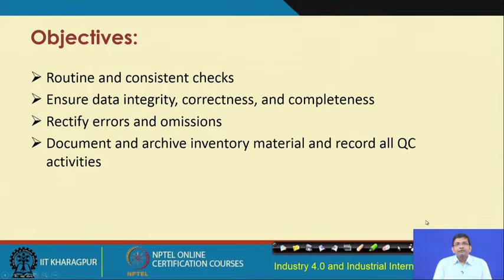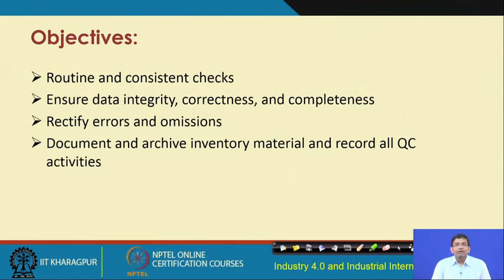So, the objective in quality control is to routinely and consistently make different checks about the standard of the products that are being manufactured or the services that are being offered. Ensuring integrity of the data, correctness of the data, completeness of the data, that is also part of quality control.